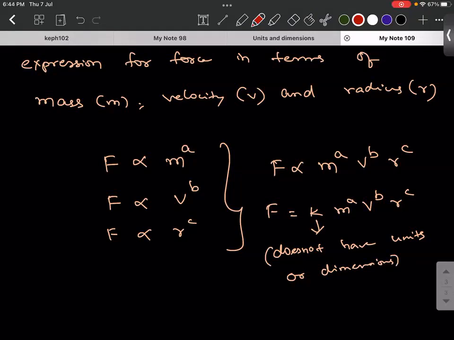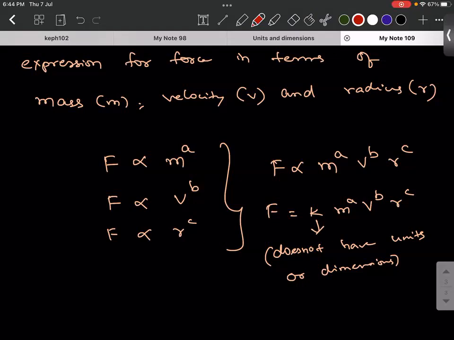Can you give me an example of a constant which has units? Resistance is one such physical quantity. Similarly, you remember the expression F is equal to G m1 m2 divided by r square in gravitation. That capital G is called the universal gravitation constant.